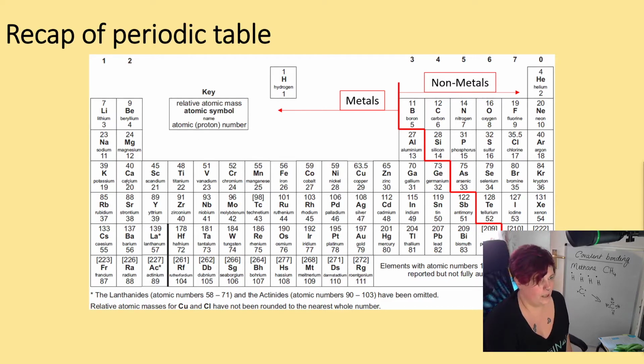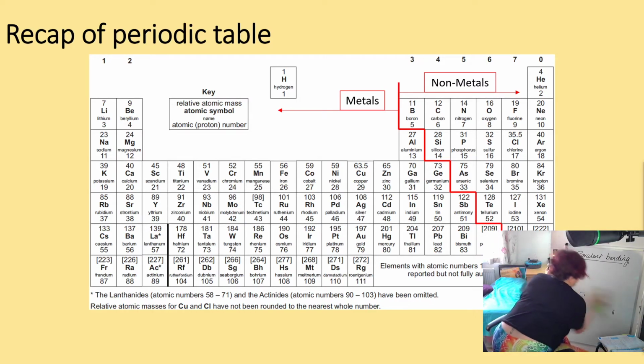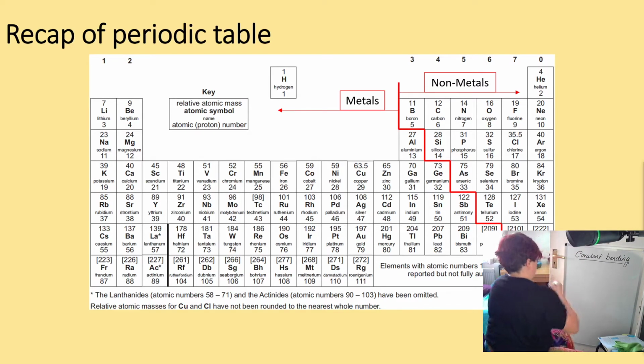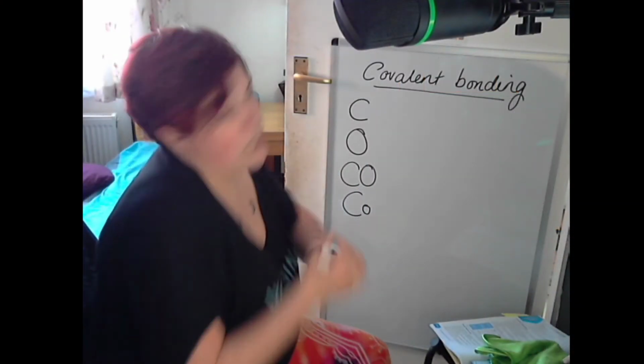For example, carbon is capital C, oxygen is a capital O. Okay, so I'm just going to rub this off quickly. If you look over here, you also have capital C with a lowercase o, which is cobalt.